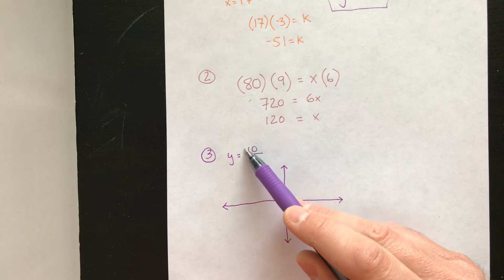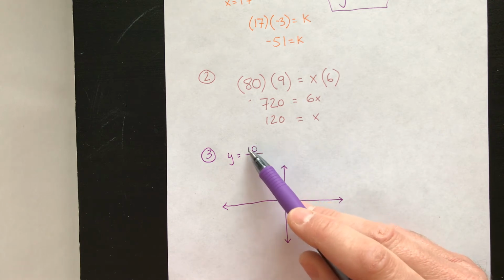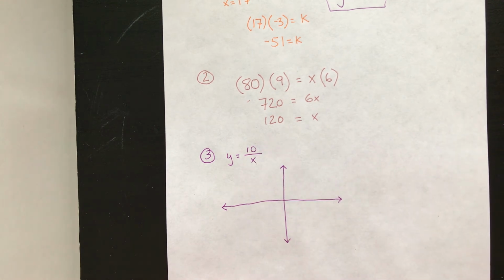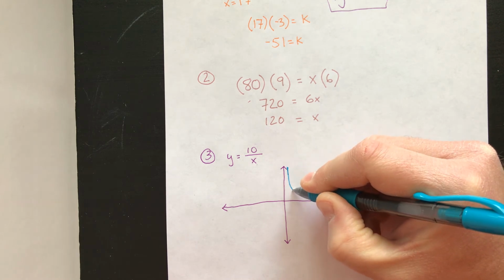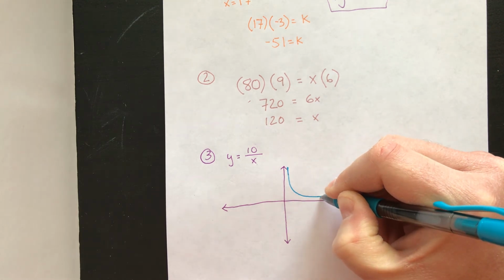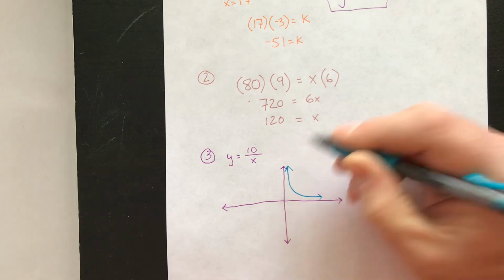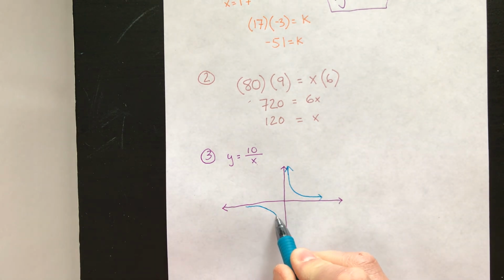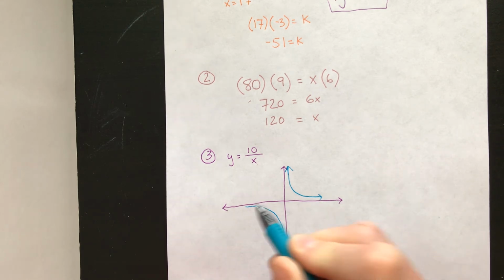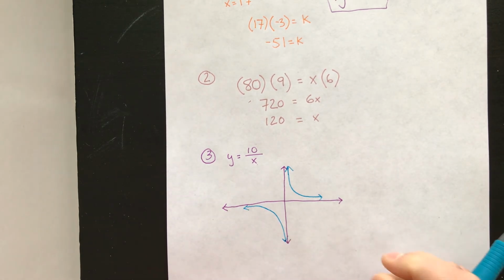And if your k, which in this case is 10, is greater than 0, which in this example it is, your graphs are going to look something like this. Notice how it stays away from 0, and then you're going to have a graph when your x is negative. But notice how it is not defined at 0.